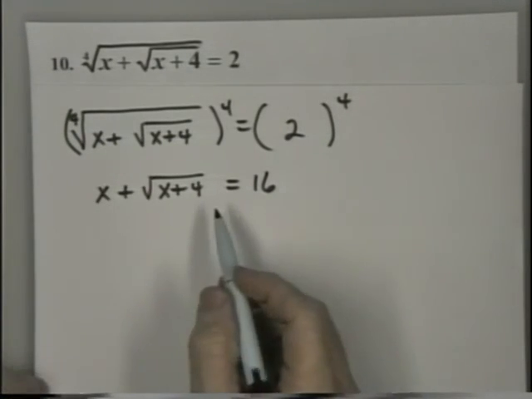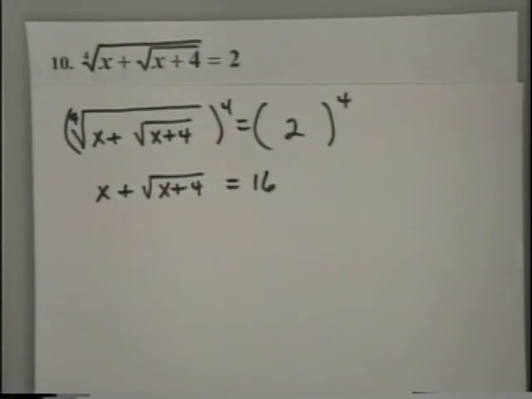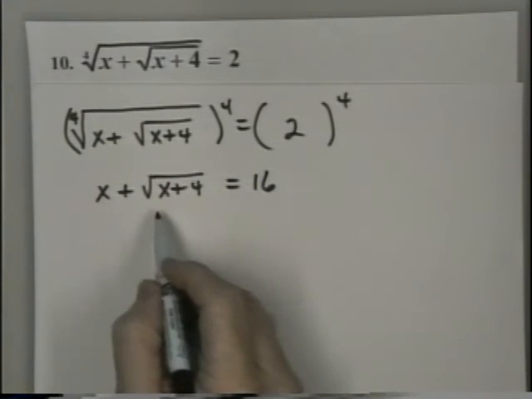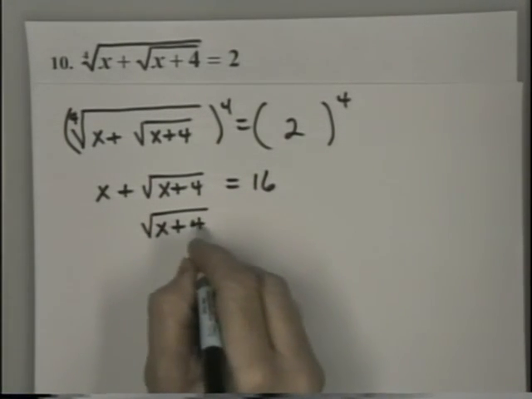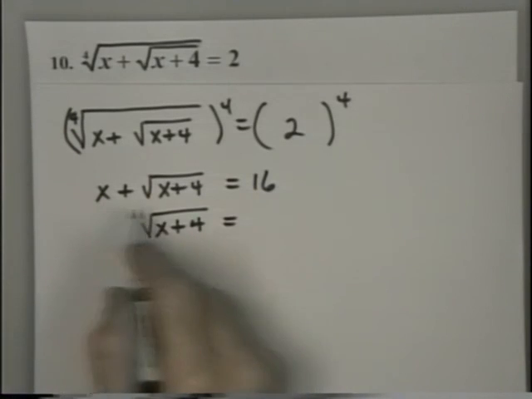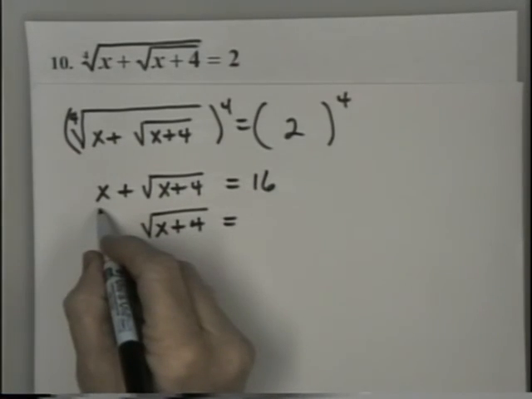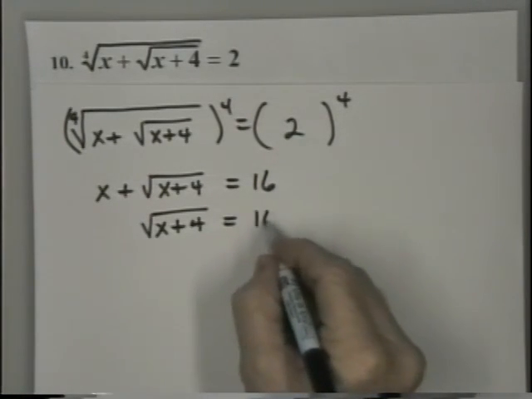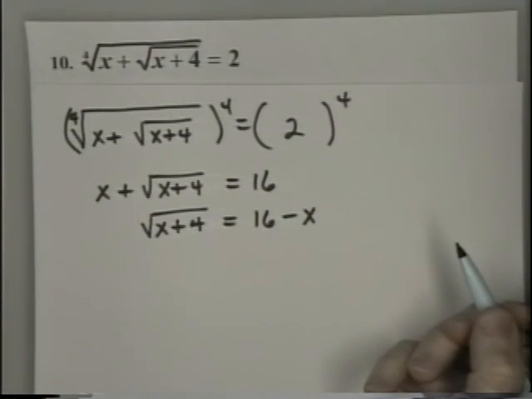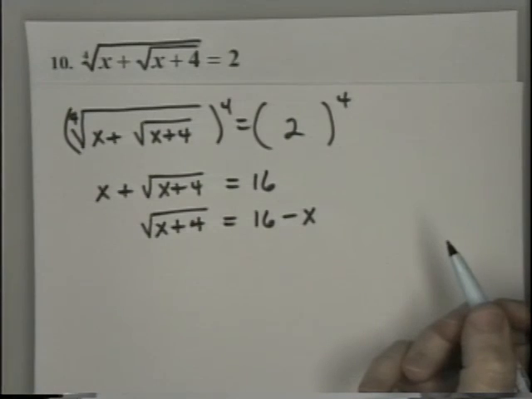And now we've got a rather basic radical equation, but it's with a square root. So we just do the same thing. Isolate the radical by subtracting x from both sides. If you take it away from here, it leaves you just with that. Take it away from here, it gives you 16 minus x.